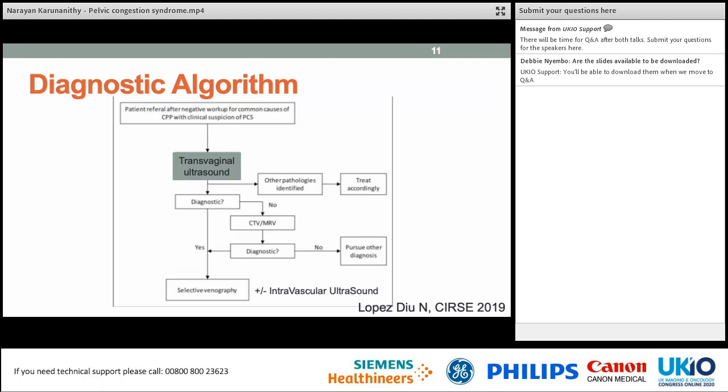We also go on to do an MRI scan of the pelvis, and I'll discuss what we look for in the MRI scans in a minute. If those do show evidence of pelvic congestion syndrome, we see the patient, we counsel the patient on possible treatment, and these patients would go on to have selective venography plus or minus intravascular ultrasound. Again, I'll describe intravascular ultrasound in a few minutes.